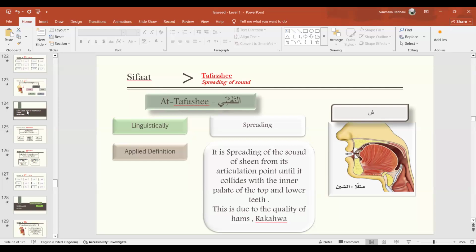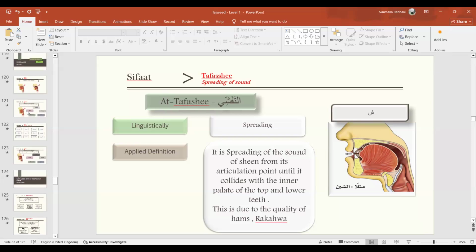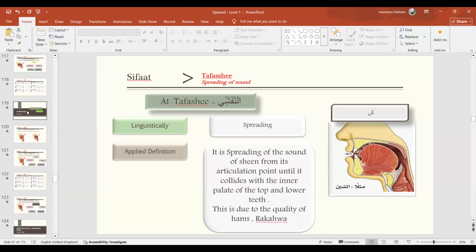And then second, that's how we look at whether a letter has hams, with the articulation point, and what it means. Then the second category is the letters in regards to the flow of the sound. We divide it into three categories, which are shidda, tawassut, and rahawa. If the articulation is closed, then obviously there's no running of the sound.